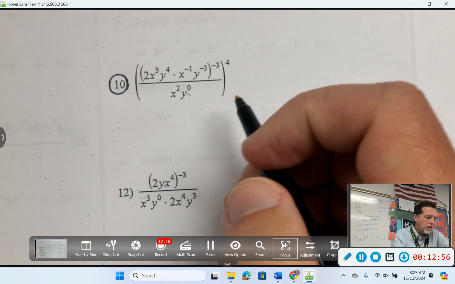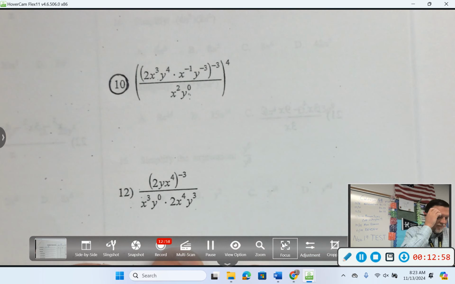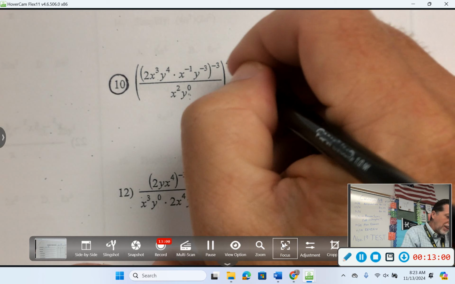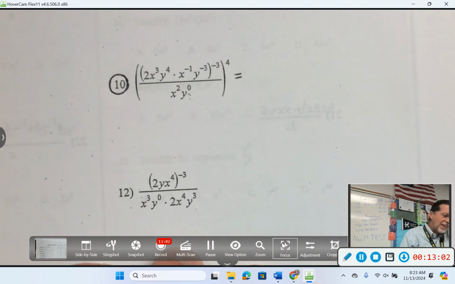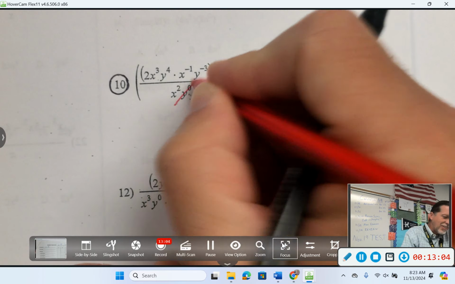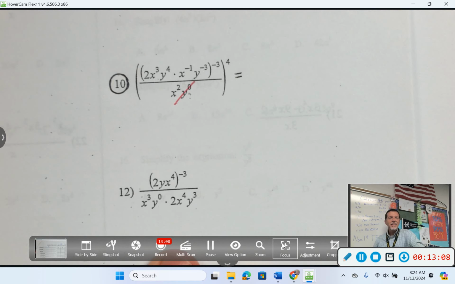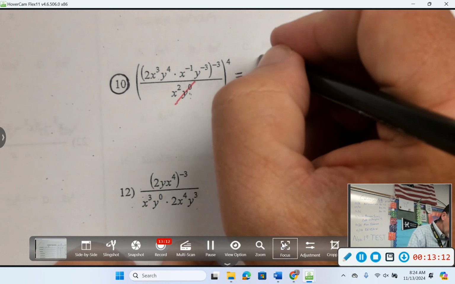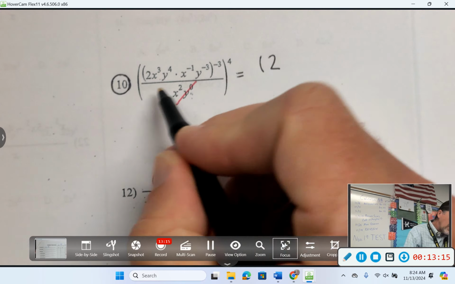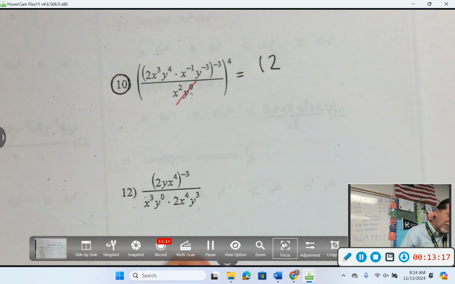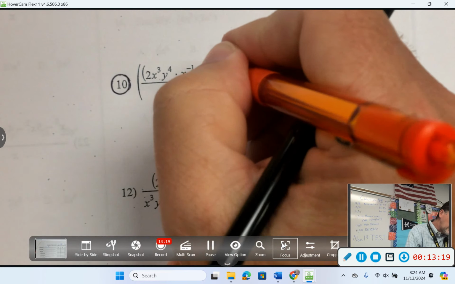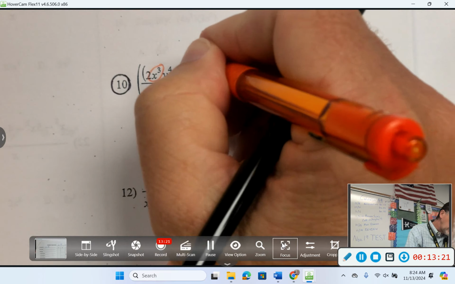I really want to know if my mental math is right there. You skip to the end? Yes, y to the 0 is 1. Why did they even put that in there other than to mess with us a little bit? But then you flip the x. Okay, how many x's are there? Inside the negative 3, I got x cubed and x to the negative 1.